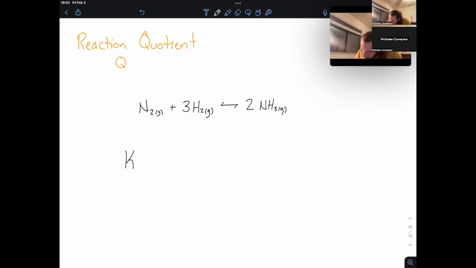In this case, I'll do it in terms of pressure. You could, of course, do it in terms of concentration. So Kp is the products over reactants, so the pressure of the ammonia squared divided by the pressure of the nitrogen gas times the pressure of the hydrogen gas cubed.